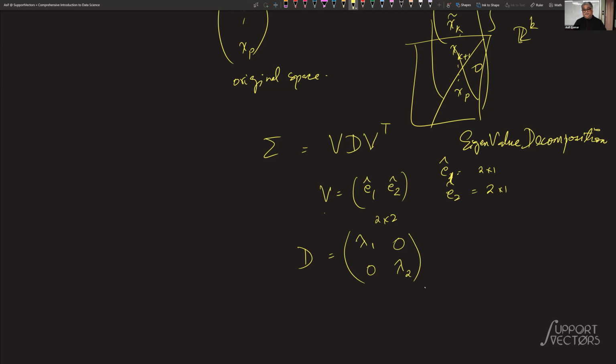So it's beautiful, actually, if you think about it. What you're saying is sigma is internally made up of E1, E2, the amount of stretching lambda 1, lambda 2, right? And then, of course, the transpose of this, E1, E2. The same thing, containing no new information, just the transpose. The structure is the transpose. And it's quite beautiful that it is like that. Geometrically, it is like that, right?